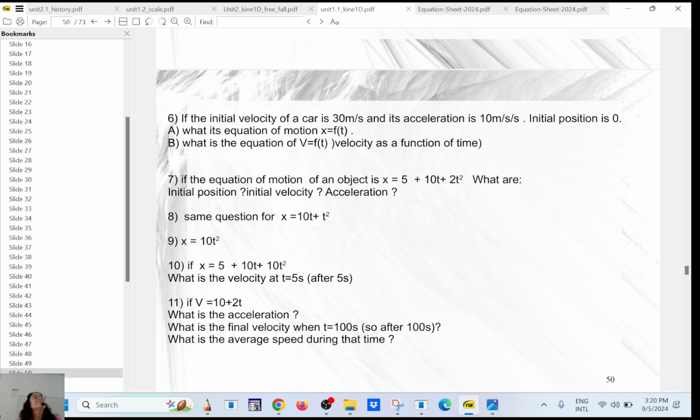Are you with me? So because the equation is x sub 0 plus v0 t, the velocity goes with t, and half of the acceleration goes with t squared. So in front of the t squared, I have half of the acceleration. If it's not clear, let me know. Number 10.